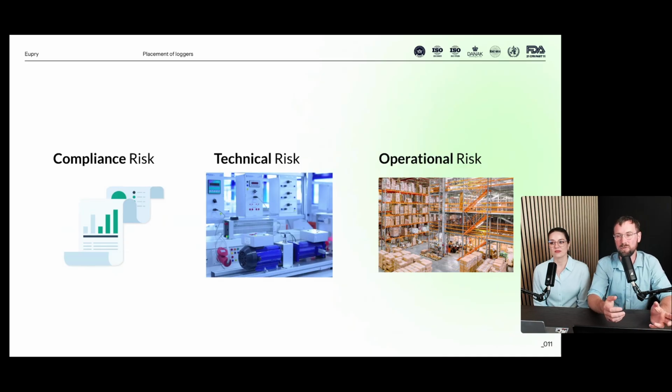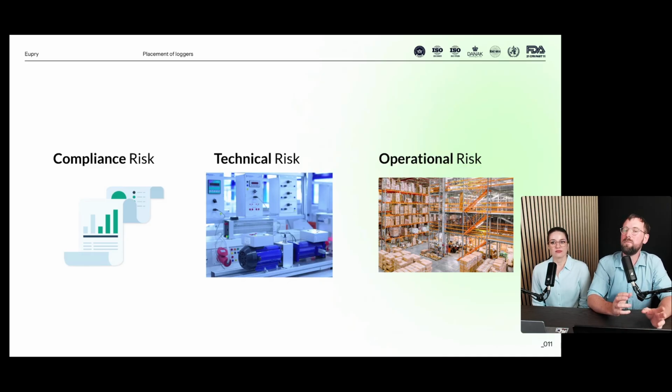Do you deviate from them or not? Technical risks are related to technical installations, for example doors, gates, windows, but also forklift chargers, which are a known culprit, right? It doesn't generate any heat during the day, but when people go home, they put the forklift in the charger and it starts generating a lot of heat. Hydraulic lines need to be identified as well.